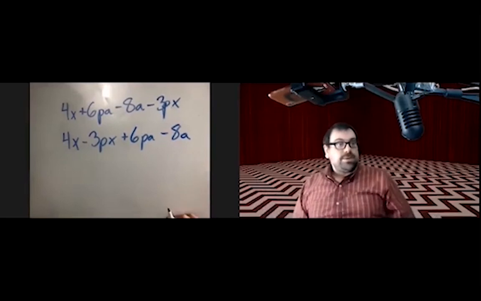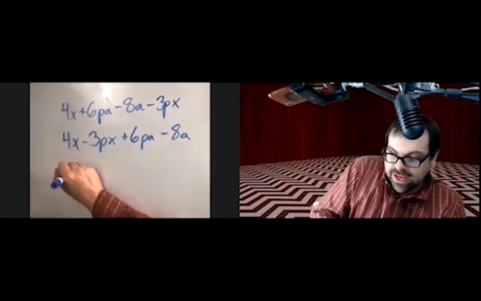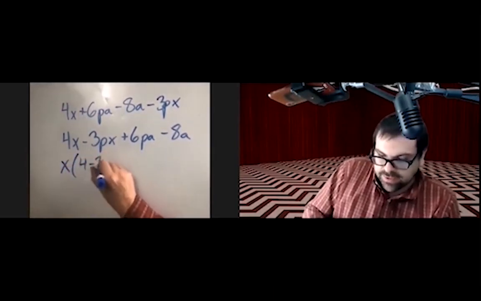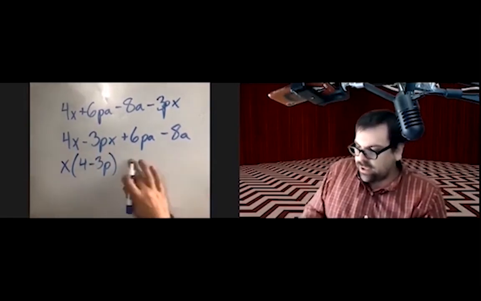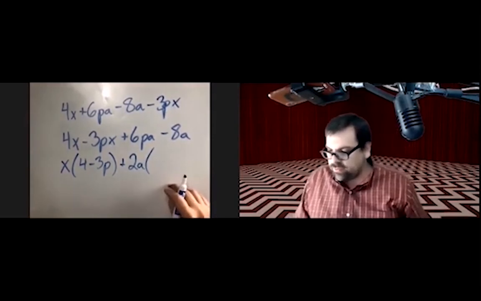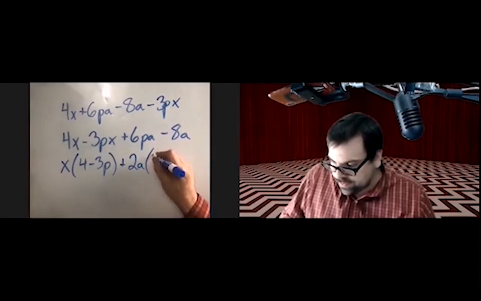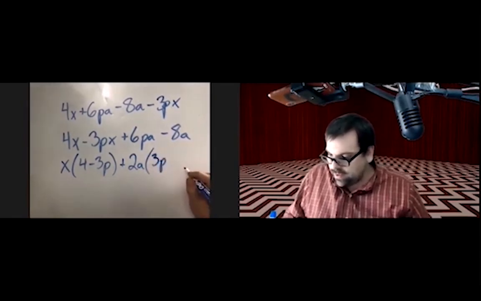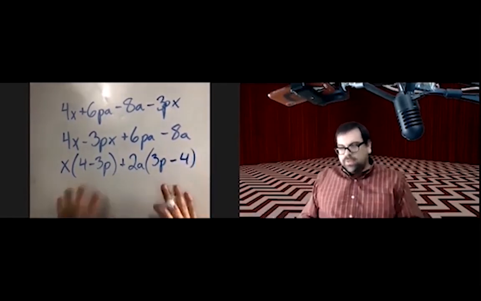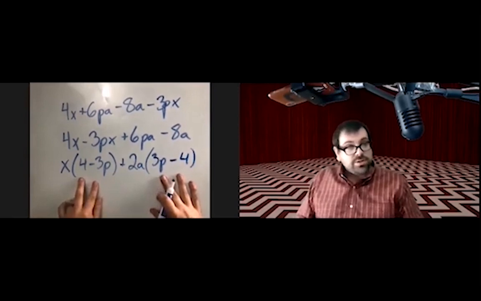Let's see if that works. Well, now here I can take out an x, and I'm left with 4 minus 3p. Over here, I can factor out a 2a, and I'm left with 3p minus 4. Close, no good. Still doesn't match.